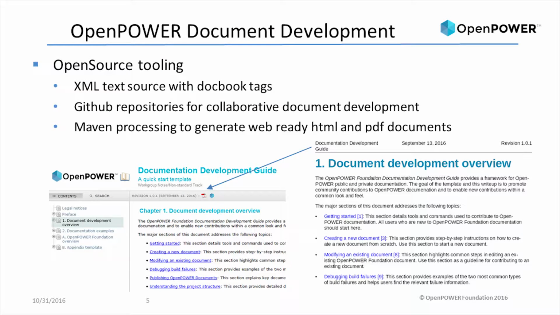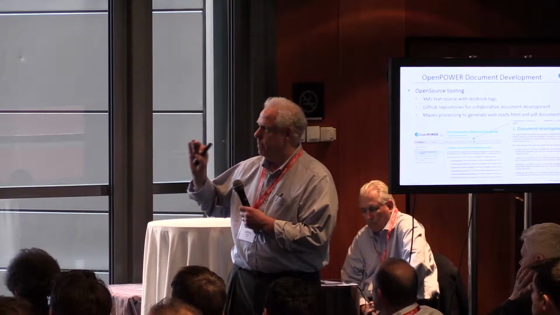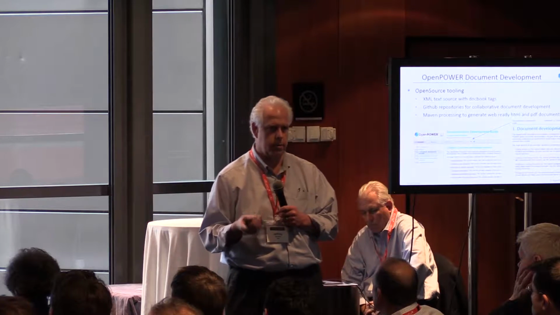So I mentioned that we have a framework for OpenPOWER Documents. Basically, rather than doing everything with Word or FrameMaker or some proprietary solution, we went out to the open source community and looked at what people are doing for document development, and we actually borrowed a lot of this from OpenStack, using DocBook, which is XML tags.